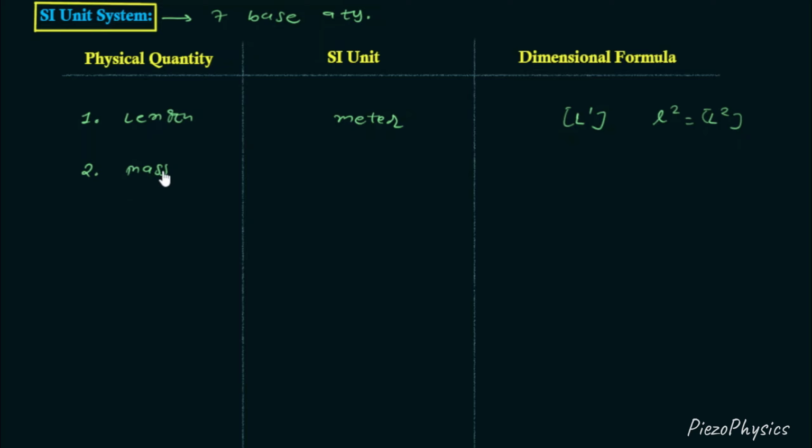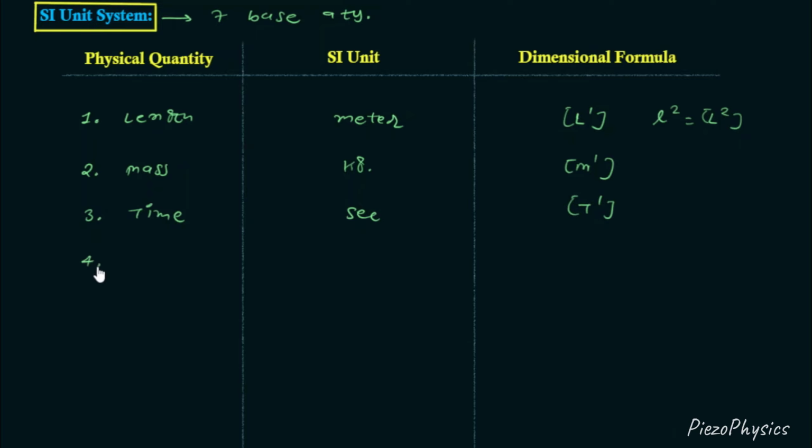Second is mass. Its SI unit is kilogram and its dimensional formula is M1. Third is time. Its SI unit is second and its dimension is T1, right?